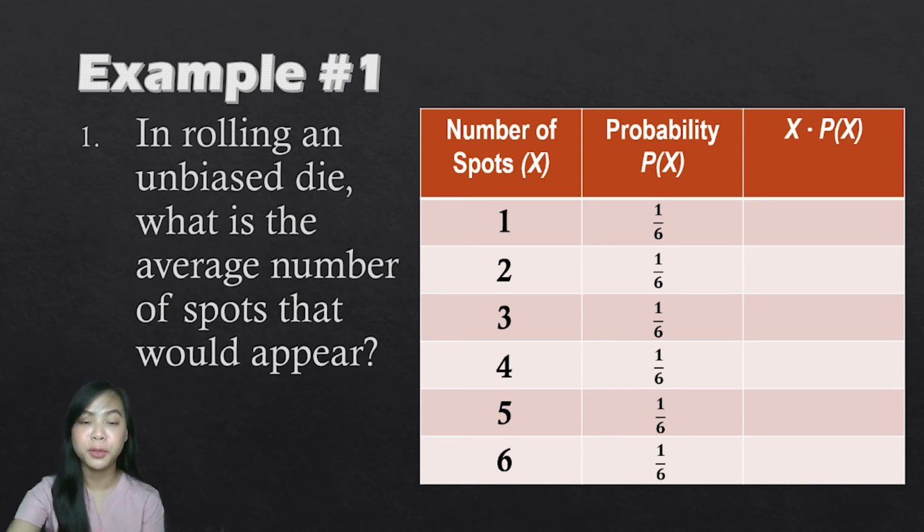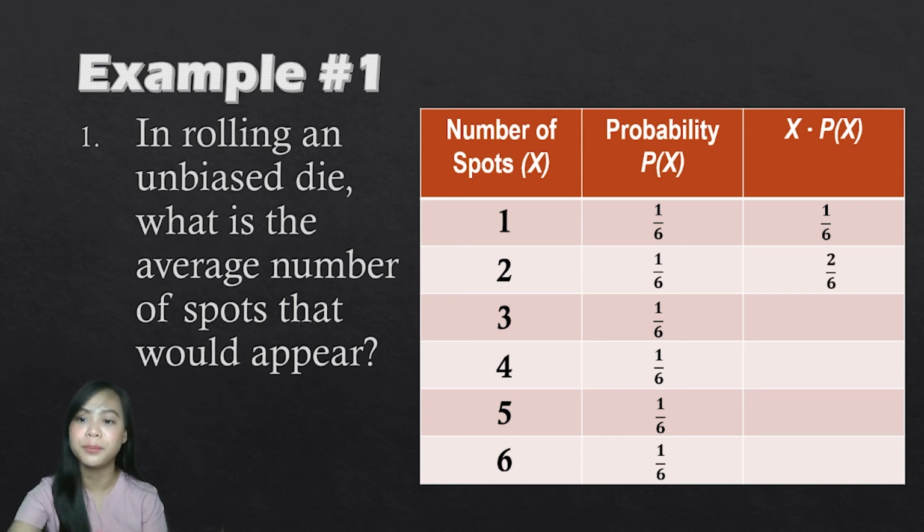And now, for our third step, we need to multiply this x, the number of spots, to its probability. So we have 1 multiplied by 1 over 6. The product is 1 over 6. And for 2, we have 2 multiplied by 1 over 6.